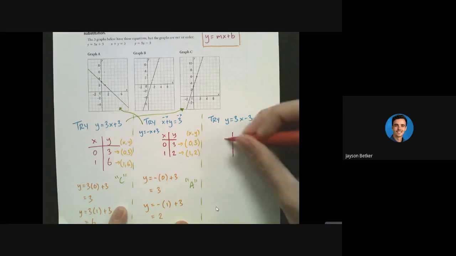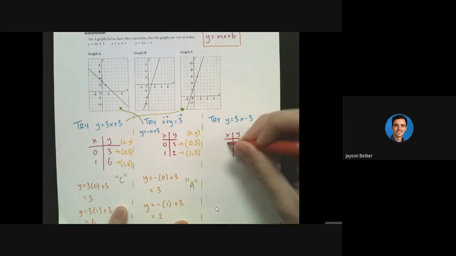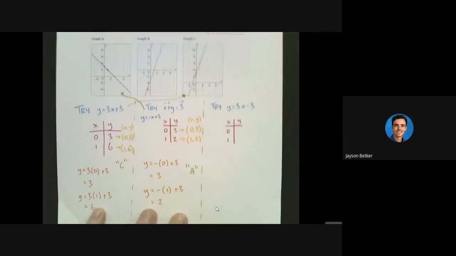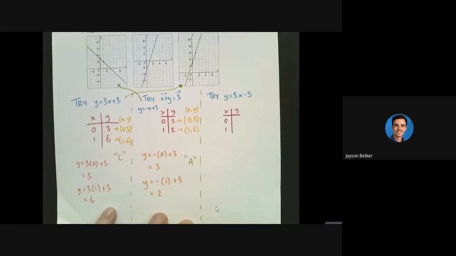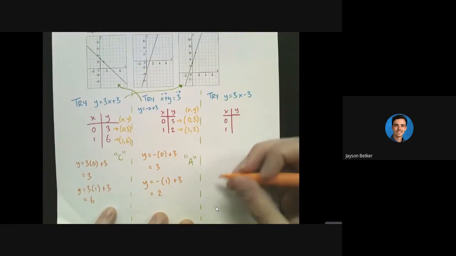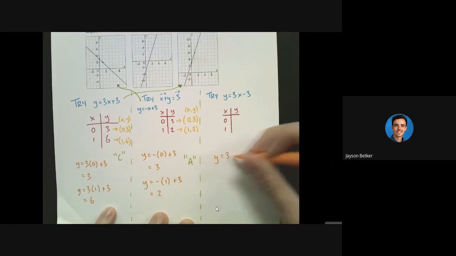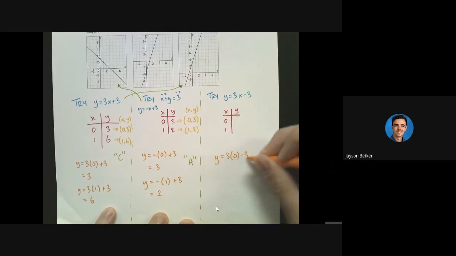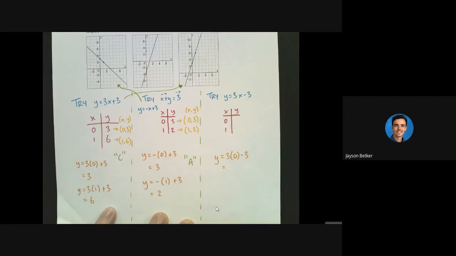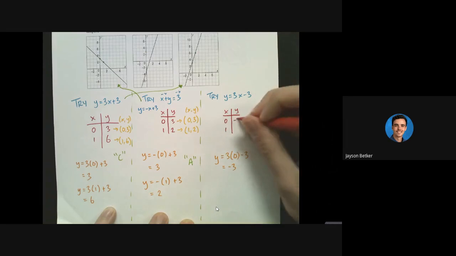Table of values, not hard. x and y, a value of 0 and a value of 1. Plug them in. So y is equal to 3 times 0 minus 3. 0 minus 3 is just minus 3. So our y value is minus 3.